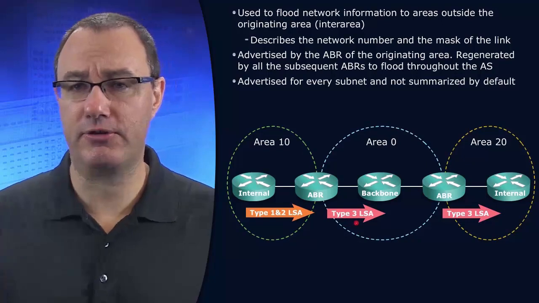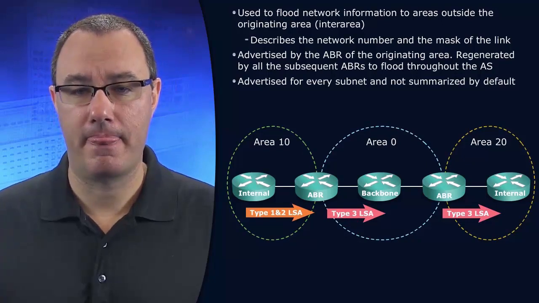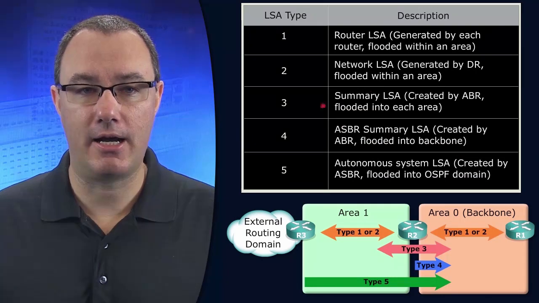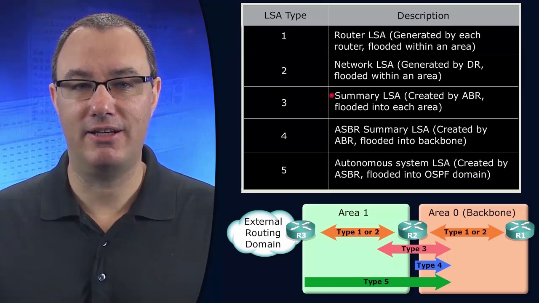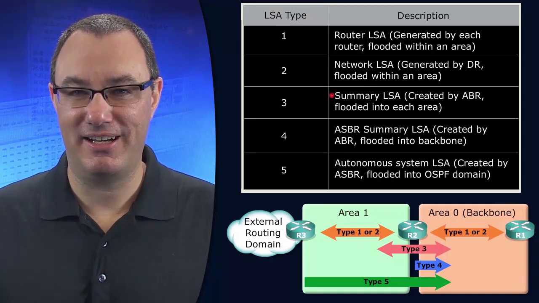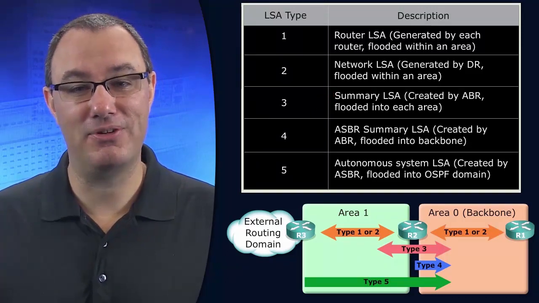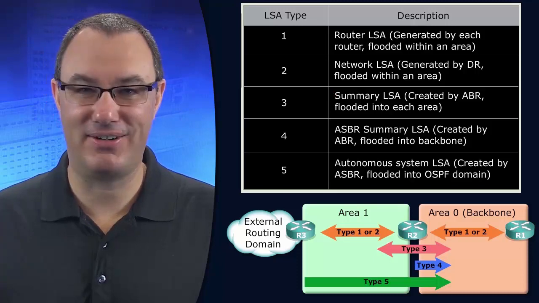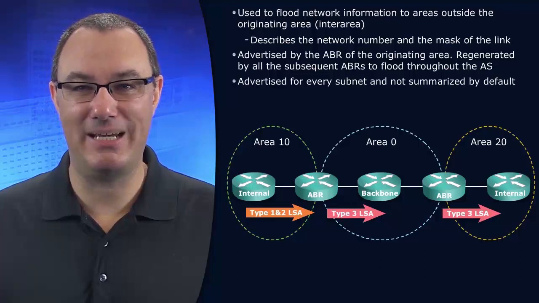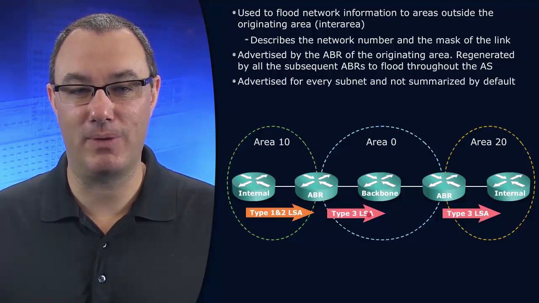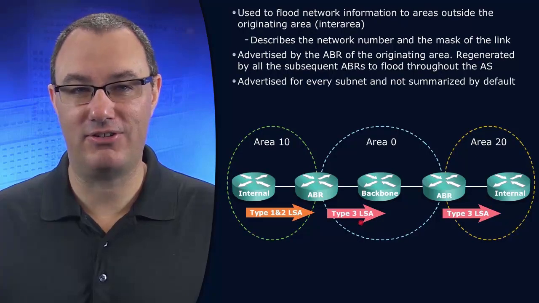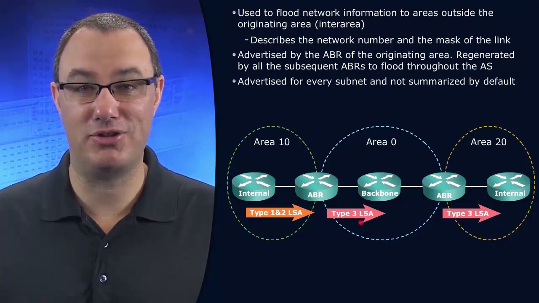Now, this is called a summary LSA. Let's go back here. I want you to think, okay, is that a route summary? Let's ask that question. And the right response is not necessarily. Just because there is summary in the name does not mean it is a route summary. What it really is saying is it simplifies the information topologically.